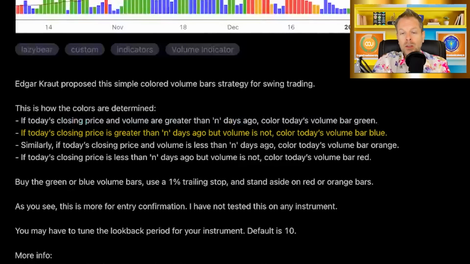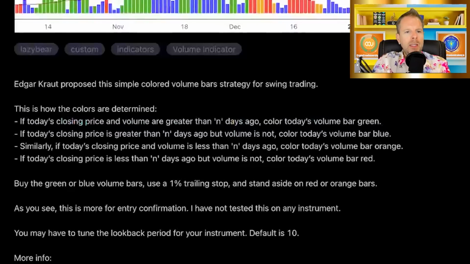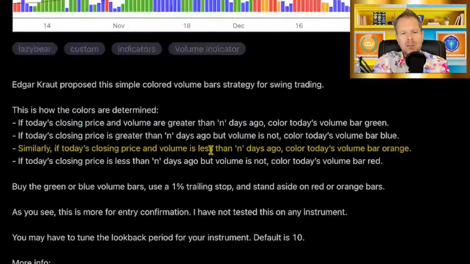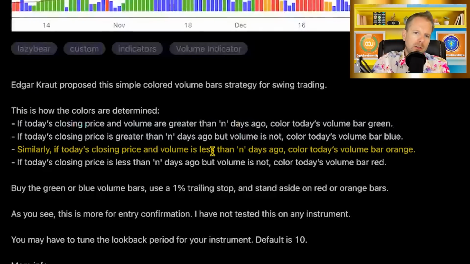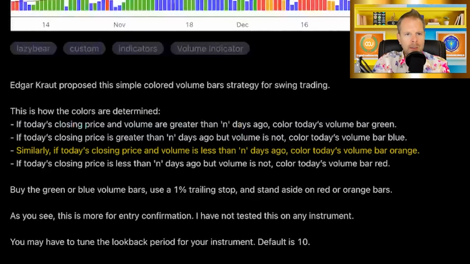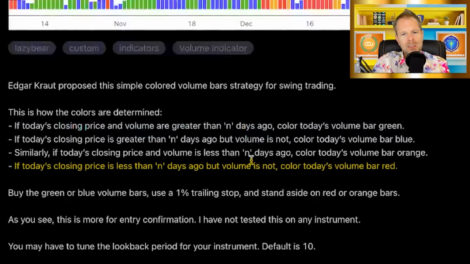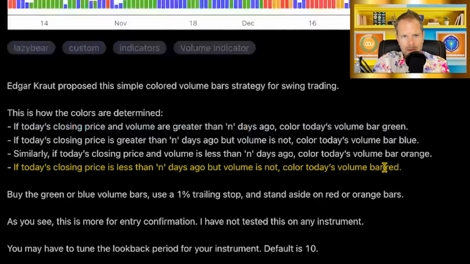Okay? So there's our green and blue. That's the very bullish stuff. Now, if the closing price and the volume is less than the range you're comparing it to, we have an orange bar. And if the closing price is less, but the volume is not, the bar is red.